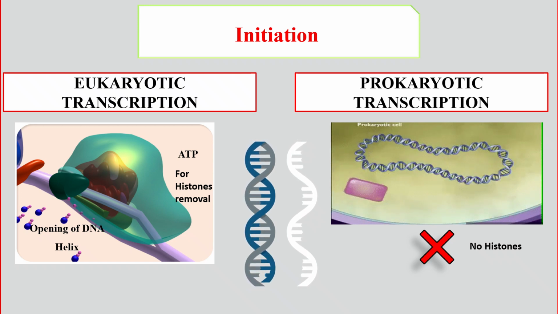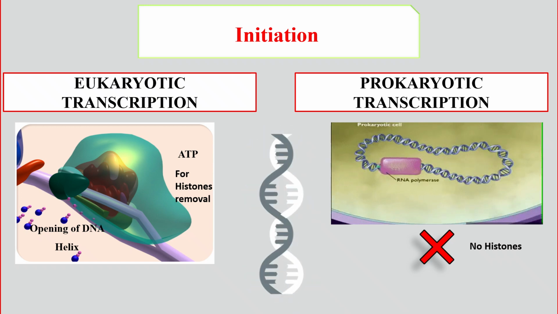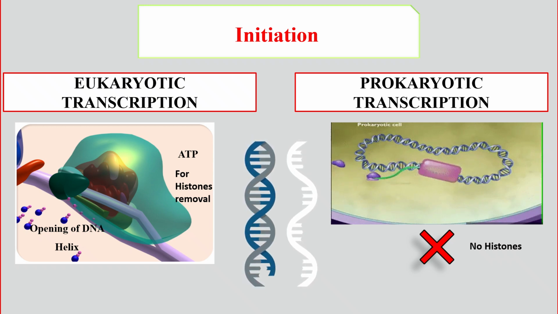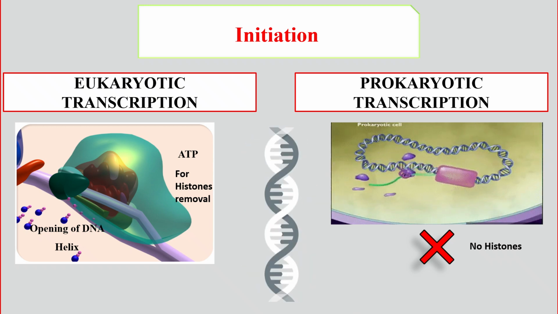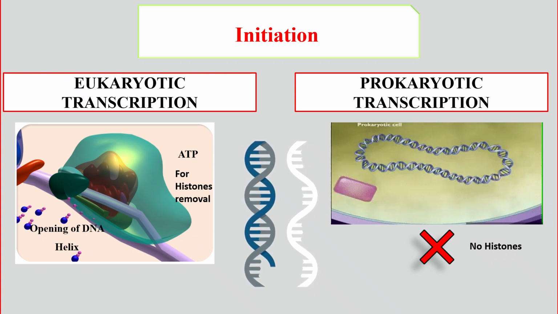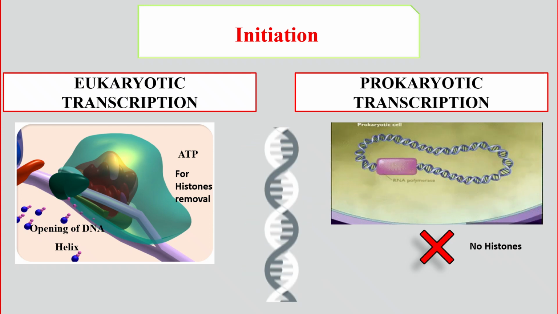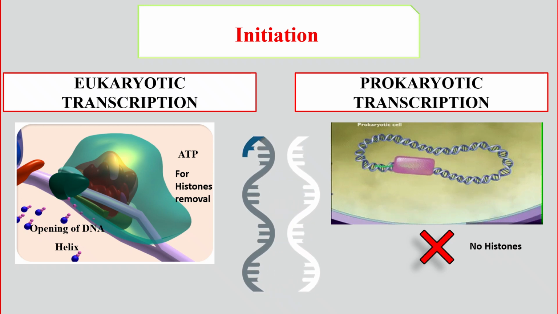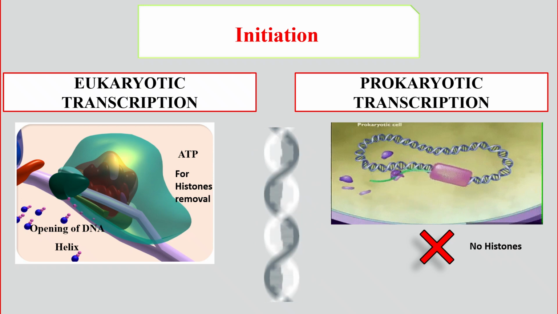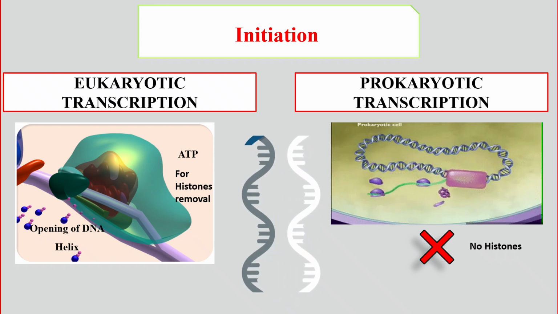For the removal of histones, they require the presence of ATP. So in eukaryotic transcription, the initiation process is an energy-dependent process. They require ATP. While in prokaryotes, as it is not very complex and does not have histone proteins bound to it, it does not require energy, it does not require ATP.